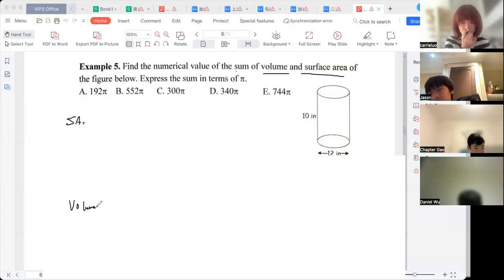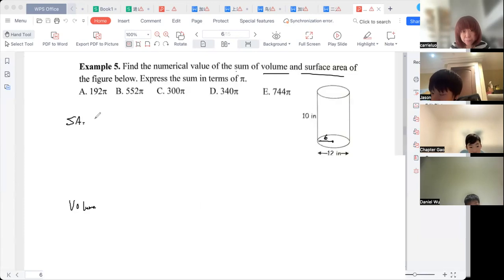Wait, surface area, I forgot the 2, it's 2 pi r squared plus 2 pi r h. Oh, wait, never mind, my bad. The surface area is what? First of all, we try to find the radius, right?